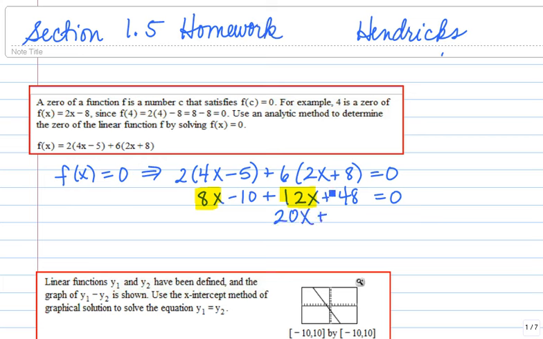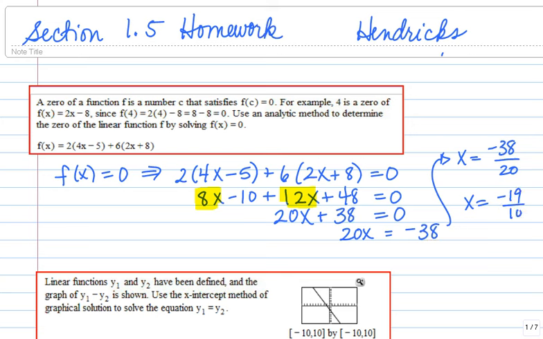Negative 10 plus 48 is 38. That's equal to 0. We can subtract 38 from both sides to get 20x equals negative 38. And finally, divide by 20, so x is negative 38 over 20, which reduces down to negative 19 over 10.